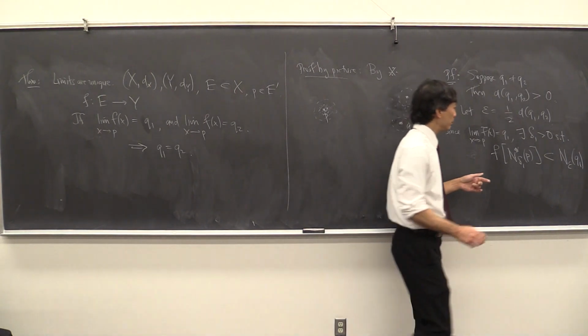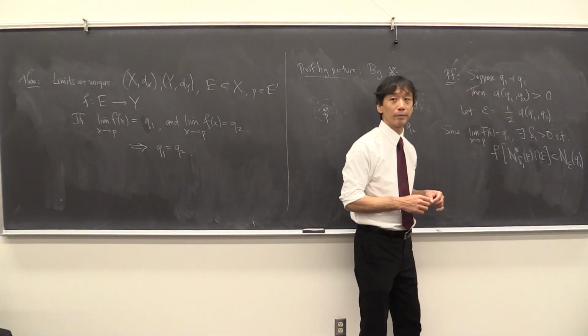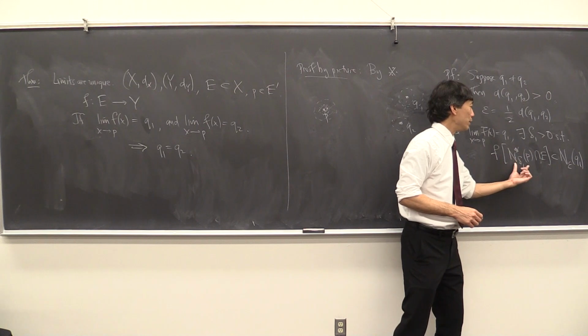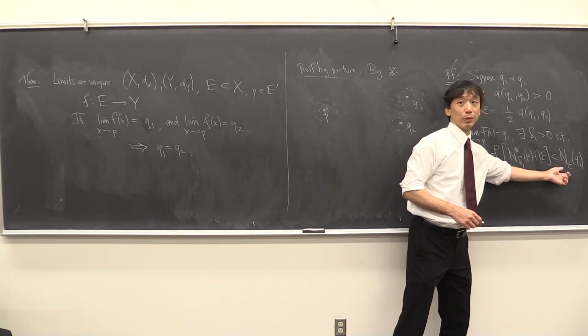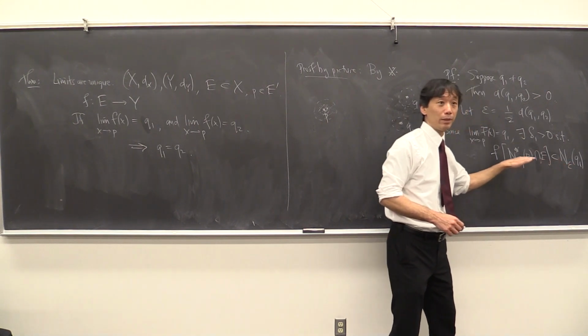Again, I'm being sloppy. I should say intersect D. Since the limit is Q1, we know that there's a punctured delta neighborhood around P that gets mapped inside the epsilon neighborhood around Q1. Is that okay?